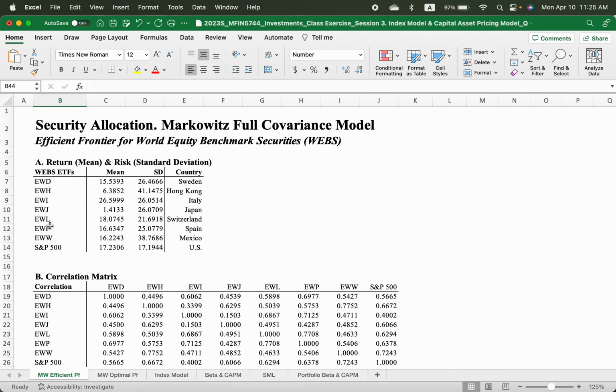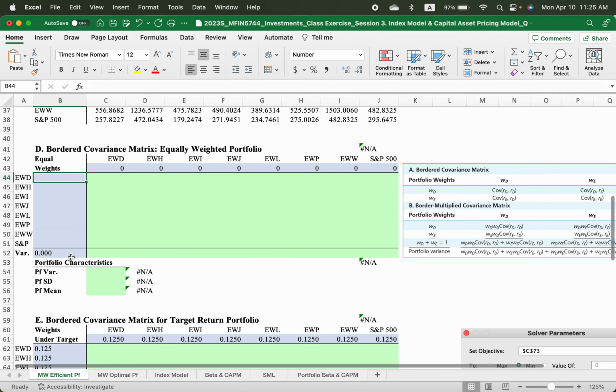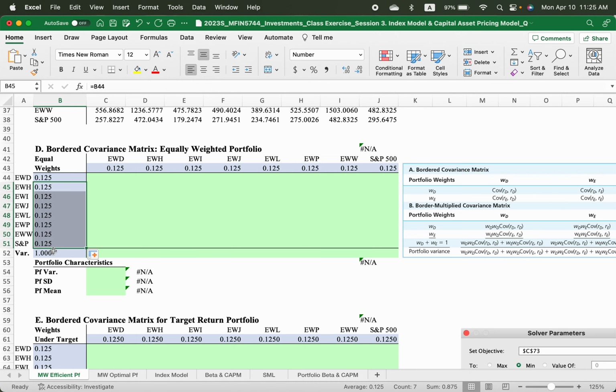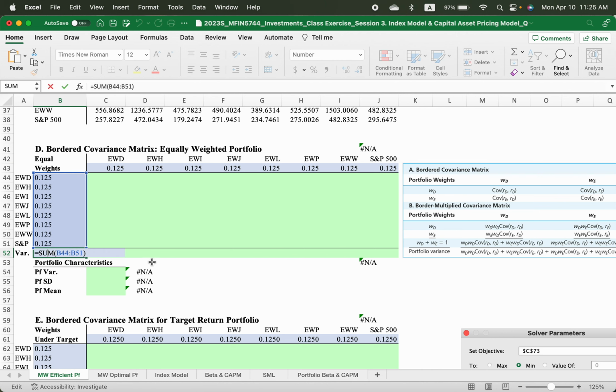Eight countries, eight ETF funds. So we just divide 1 by 8, which is 12.5% invested in each, so that the total weight is 100%. And the row line also has the same weight.